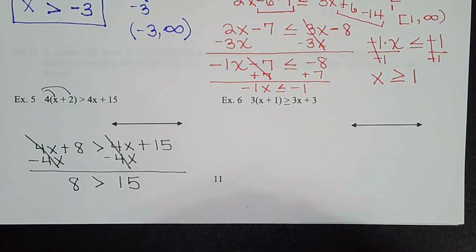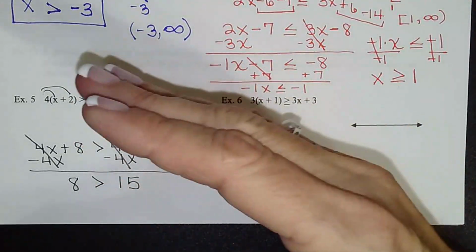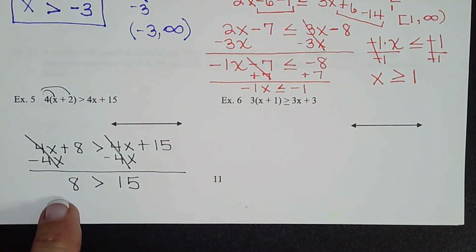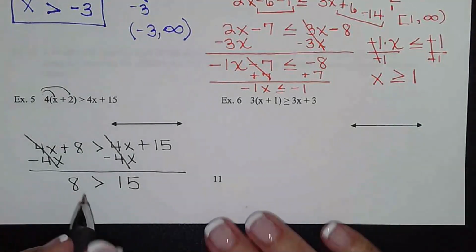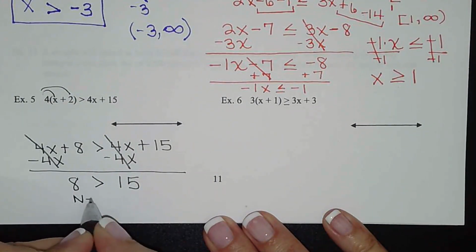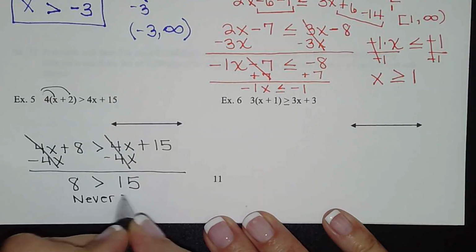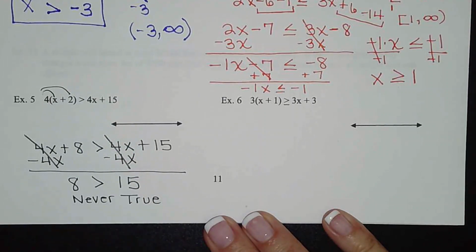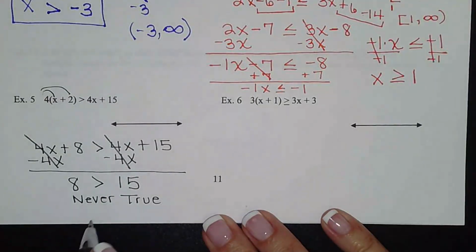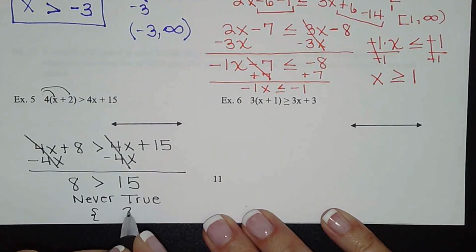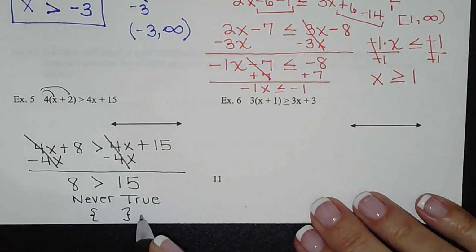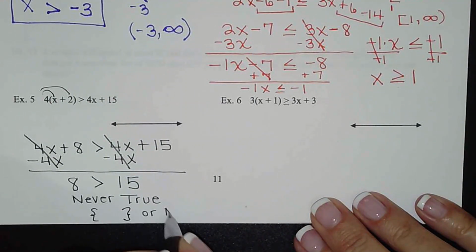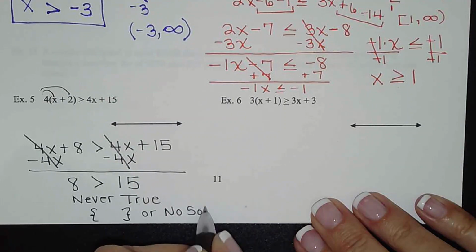And I just go back to how I learned it in grade school. Is it eating the big one? No, it is not. That is a false statement. Never true. It's not eating the big one. False statement. So we write no solution, either with the empty set symbols or no solution, depending on which one's given.